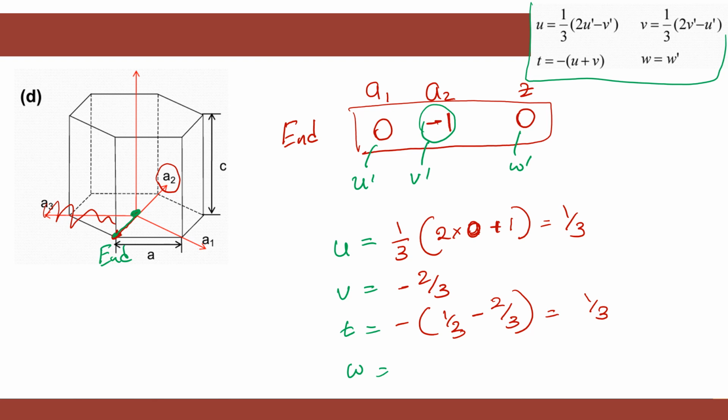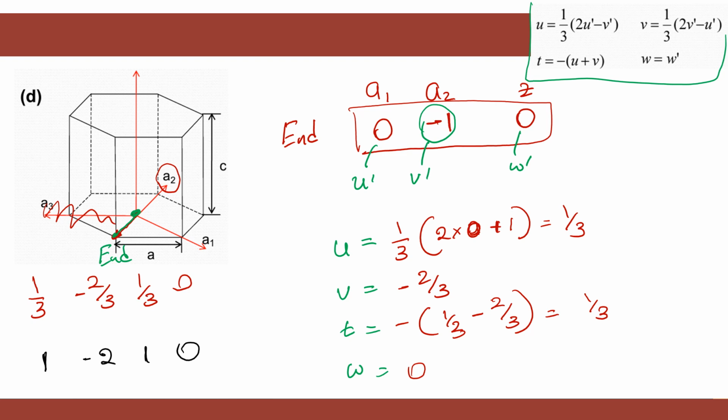W is W dash, which is 0. Am I right? So we have 1/3, -2/3, 1/3 and 0. Can we keep fractions? No. What we need to do? Times by 3. So we have 1, -2, 1 and 0. Is that right?